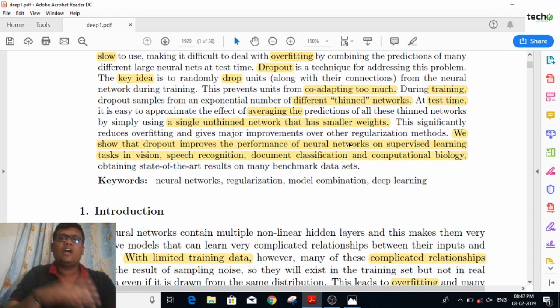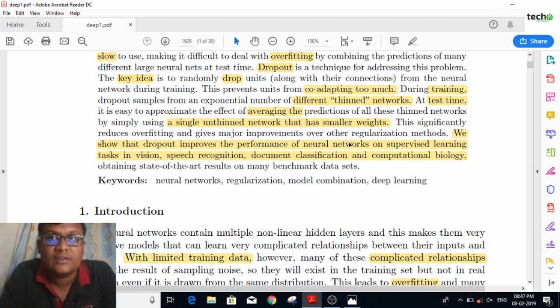In this paper they provide information about how exactly the algorithm works by employing dropout in their neural networks. There is a comparison with dropout and without dropout, and they have taken various data sets. It can be CIFAR-10, CIFAR-100, or any sort of biotechnical application.